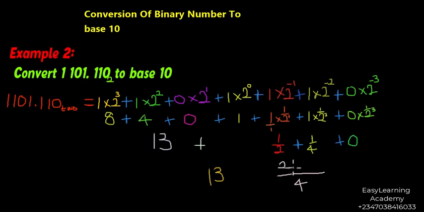Alright, and then let's have our plus sign. Good. And then 4 comes into this other 4 how many times? 1 time. And 1 times this 1 is 1. Don't forget that we have our 0 here, so we can still bring it down.